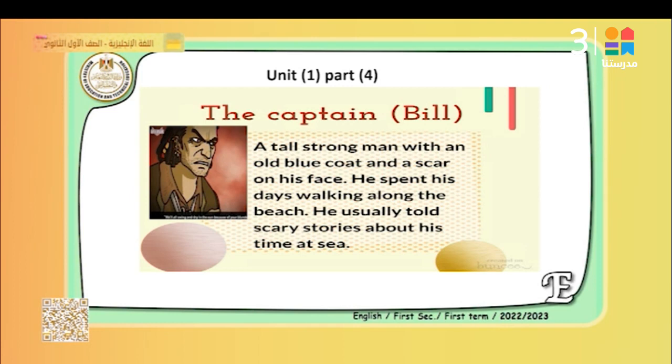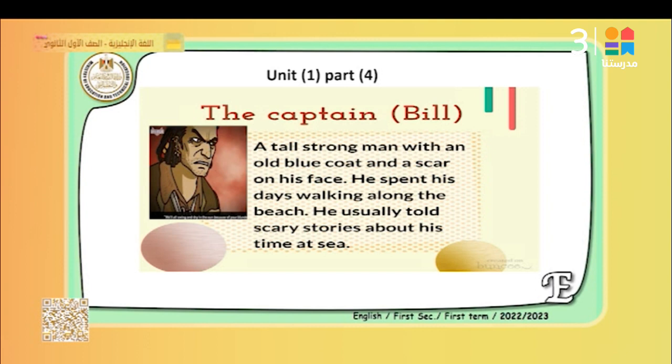The second important character is the captain, Captain Bill. Captain Bill is a tall and strong man with an old blue coat and a scar on his face. What is a scar on his face? Scar means a mark on his face, a mark of a wound on his face, a mark of an old wound.